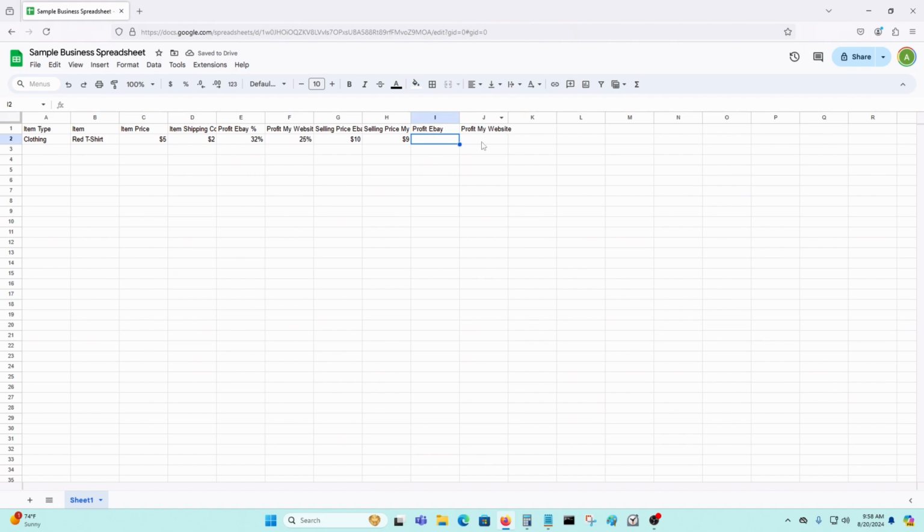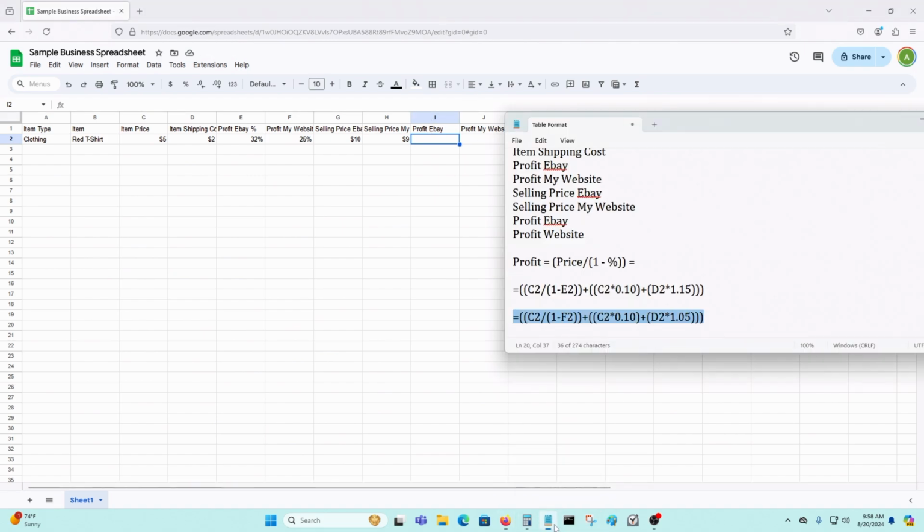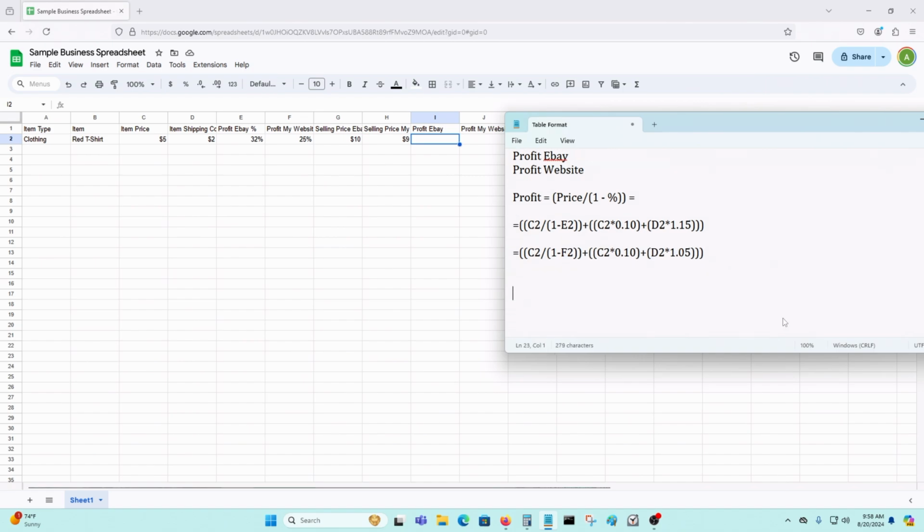So now I want to find out what the profit is on eBay and my website. Profit is how much I'm selling it for, which is G2 for eBay, minus the expenses. E2, that's the cost of the item that I purchased it for, which is right here.